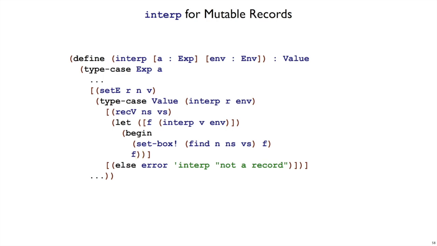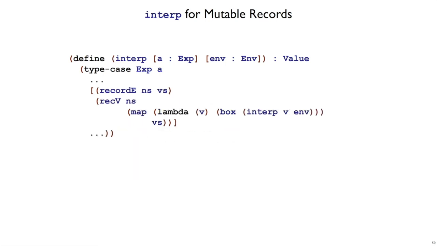Now, we are cheating in a sense by using Plait's boxes to implement the interesting part of imperative update. And if you had to, you can go implement records using an explicit store instead of relying on Plait's boxes. I'll just point out that when you do that, you'll have to rearrange some of the code in bigger ways. For example, in our record E implementation just now, we used map to map box over the interpretation of the v's.